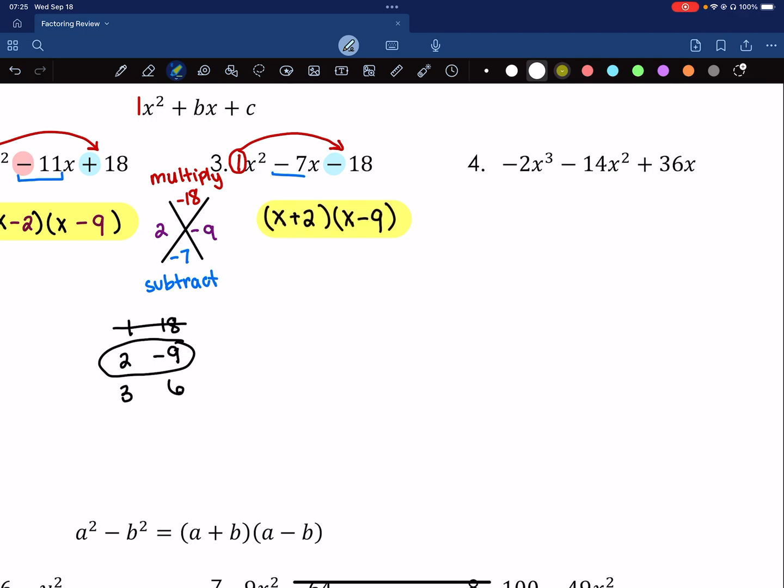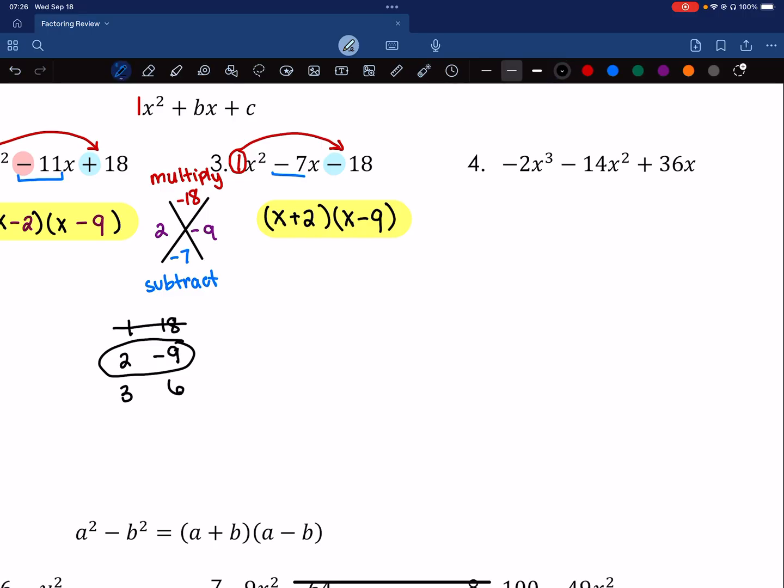Okay, now let's look at this next one, and then I'm going to talk about how we determine what the signs are. If you look at this next one, it looks different than all the other ones because there's a number in front of our x squared, or we don't even have an x squared, we have an x cubed. But if you notice, each one of these numbers is divisible by 2, and these are all divisible by x.